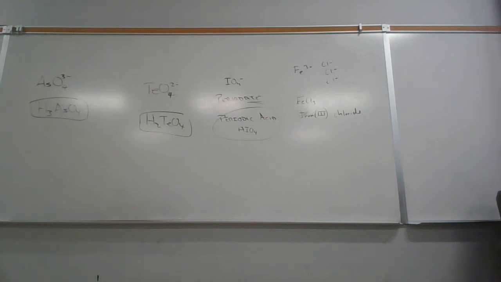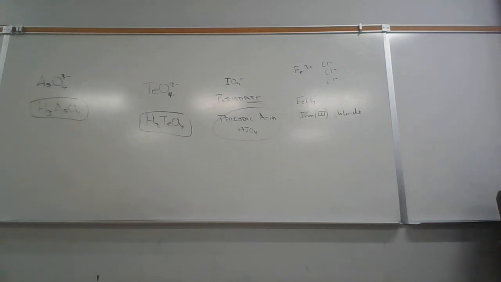Is that bromate or bromite? Or neither? BrO. Bromite? What is bromate? Take a look at the periodic table. Bromate is how many oxygens? Bromate is 3 oxygens. Bromite would be 2 oxygens, and therefore this must be hypobromite.